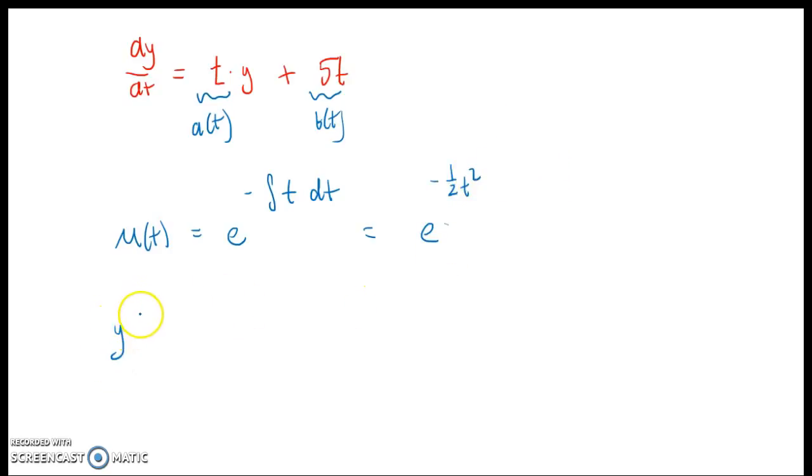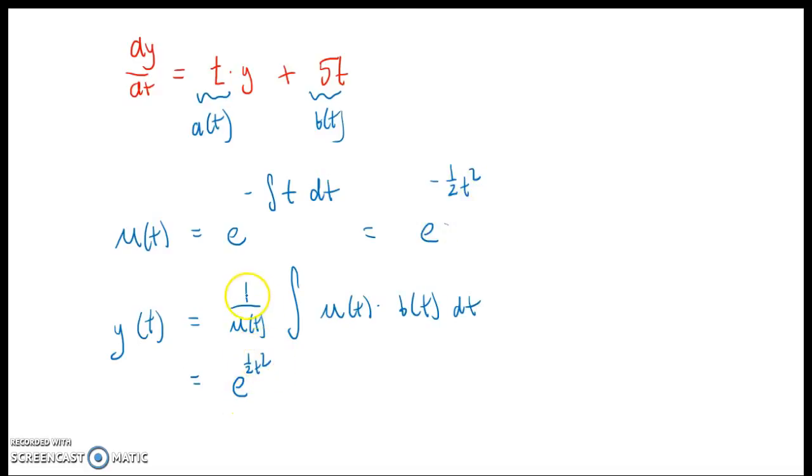Now I need to funnel this all into the y function, which is 1 over mu of t times the integral of mu of t times b of t dt. Since mu is e to the negative 1/2 t squared, 1 over that will be e to the positive 1/2 t squared, times the integral of e to the negative 1/2 t squared times b of t, which is 5t.